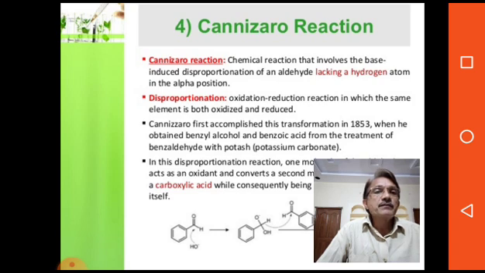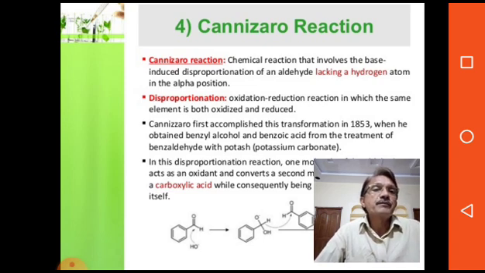Cannizzaro first accomplished the transformation in 1853, when he obtained benzyl alcohol and benzoic acid from the treatment of benzaldehyde with potash, that is potassium carbonate.